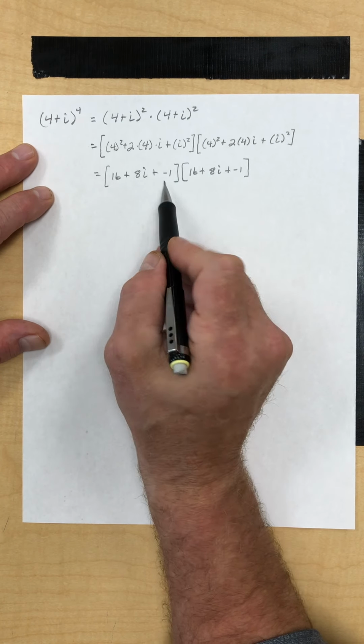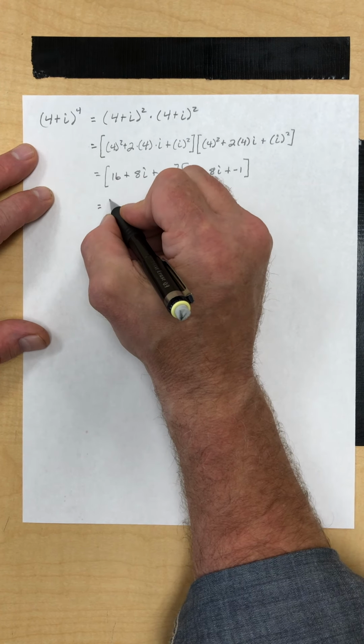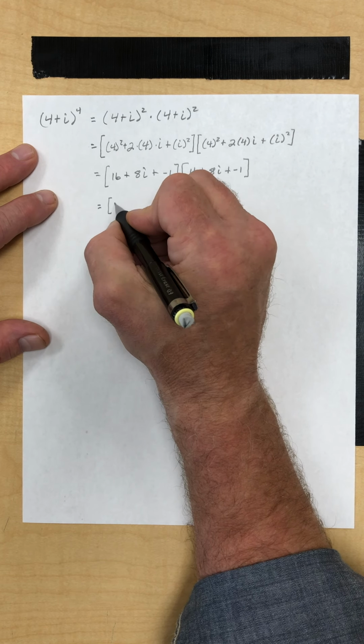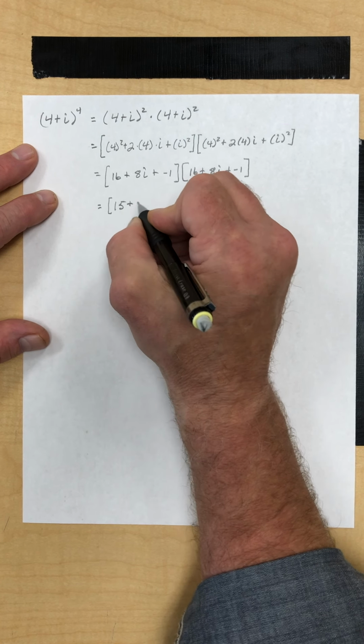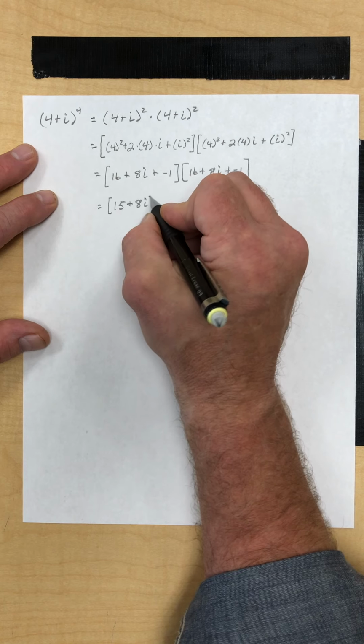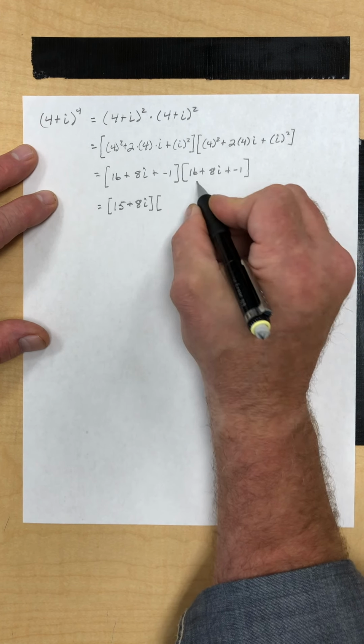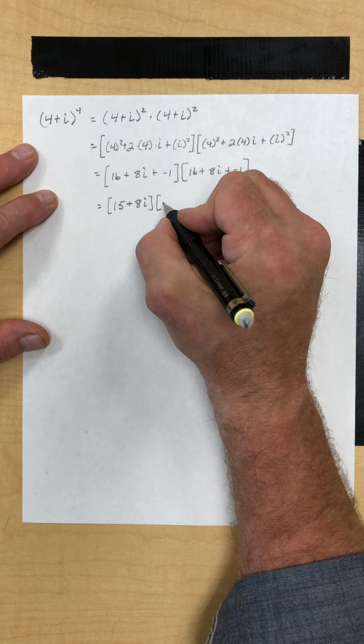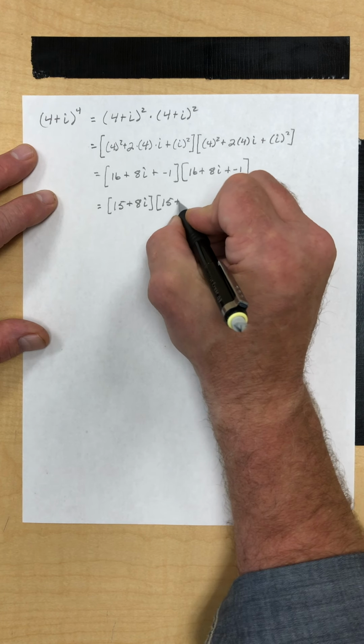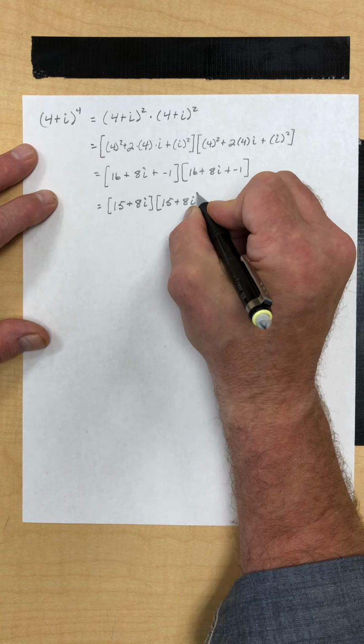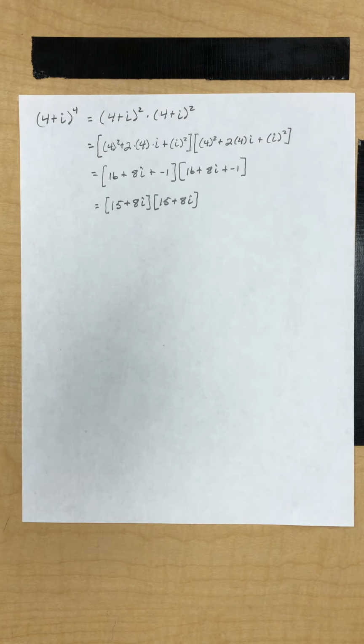Okay, so add the 16 and the -1, okay? And I'm going to get 15 plus 8i, and obviously this is the exact same thing, okay? 15 plus 8i.